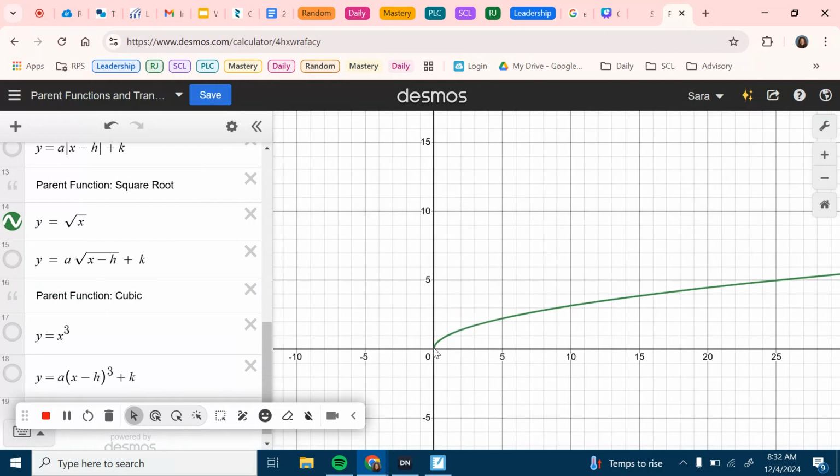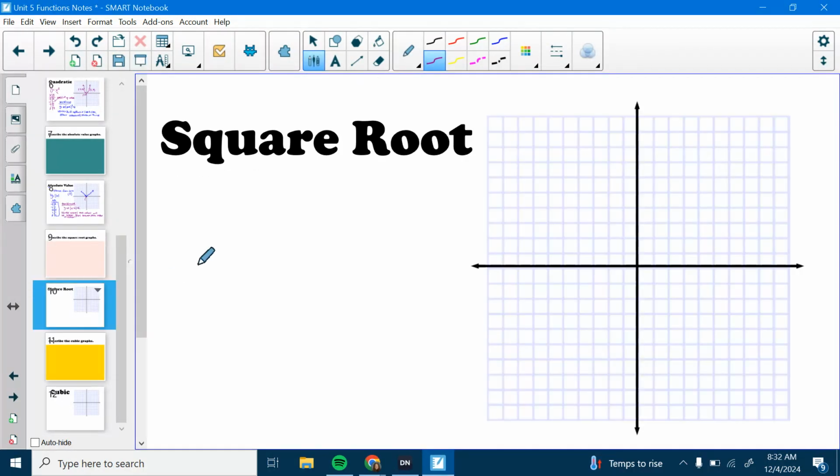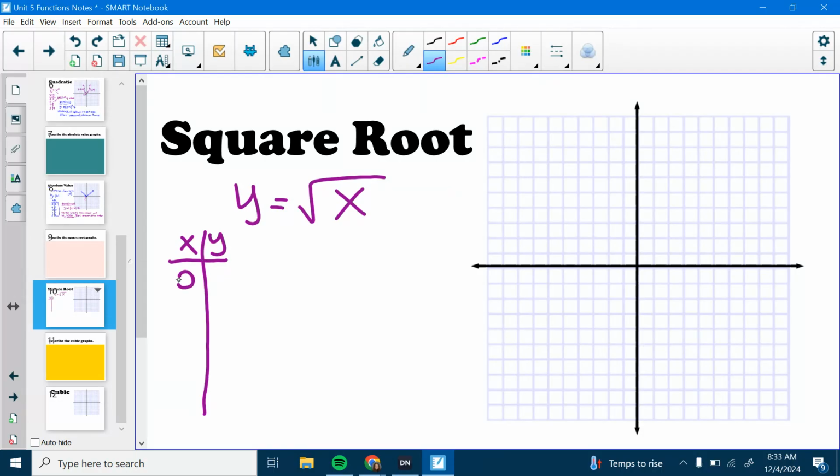So the first value we can look at is 0, 0. Okay? So when I look at my square root, my parent function is going to be written as y is equal to the square root of x. And then my x value, y value table tells me I have to start at 0, 0. If I take the square root of 1, I get 1.